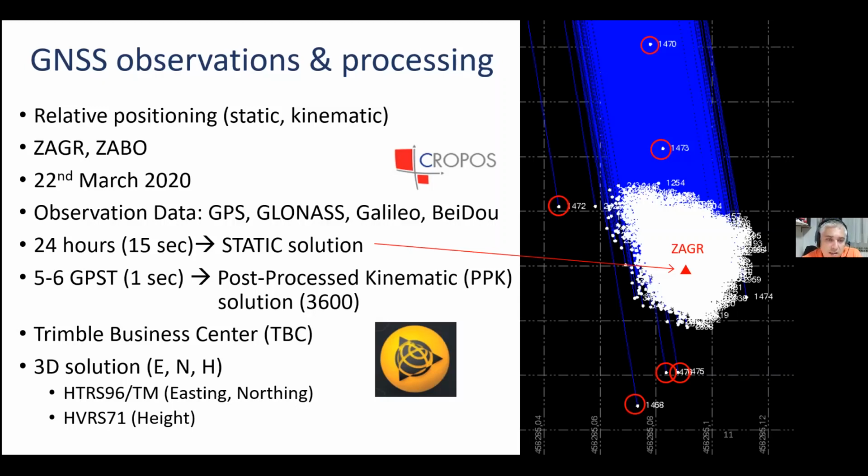All the processing was carried out in Trimble Business Center software, and 3D solutions were provided, namely easting and northing, given in the national HTRS96/TM. TM stands for Transverse Mercator, which is the cartographic projection in our national system, and the height was derived in the national system, being HVRS71.